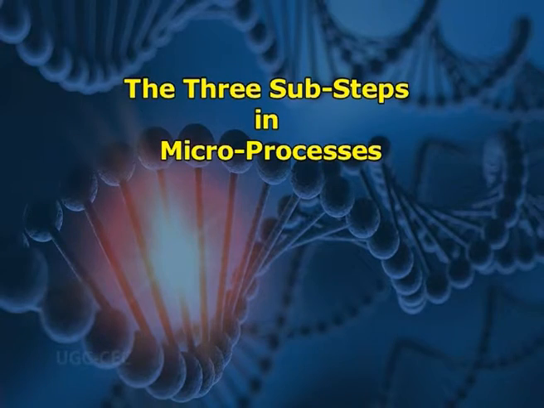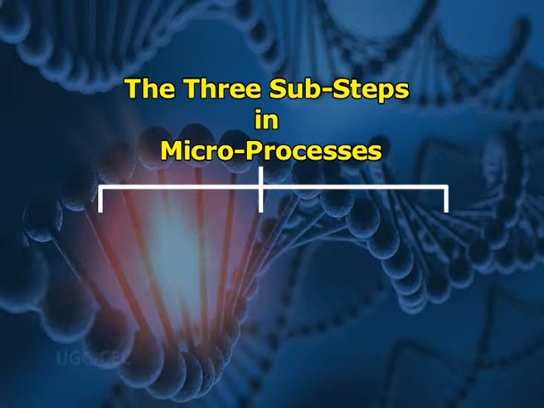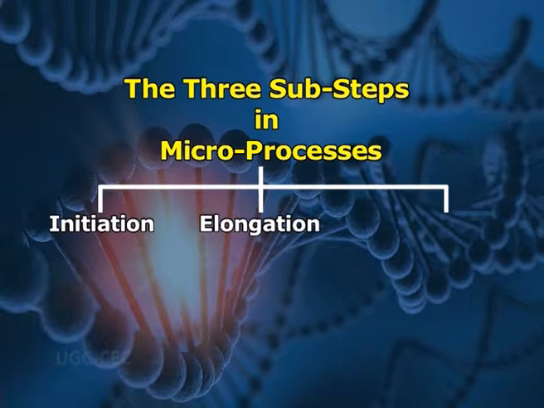Our objective, however, is to go into the mechanism of replication and its machinery. In order to simplify our discussion, it will be useful to remember that all the three microprocesses we mentioned earlier have three sub-steps in common. These are initiation, elongation, and termination.